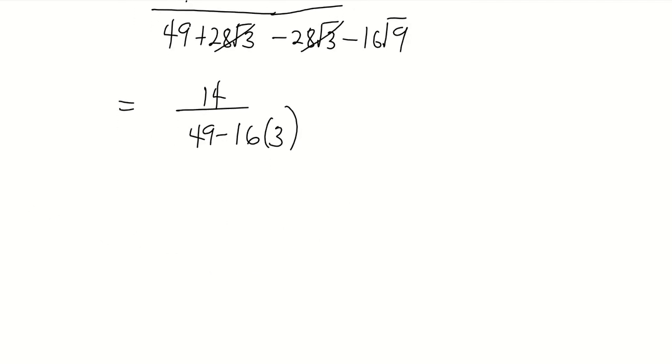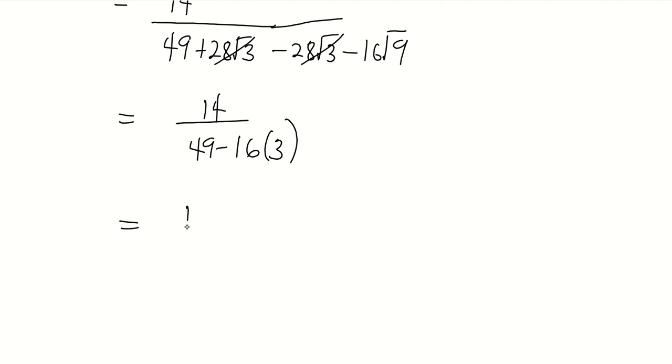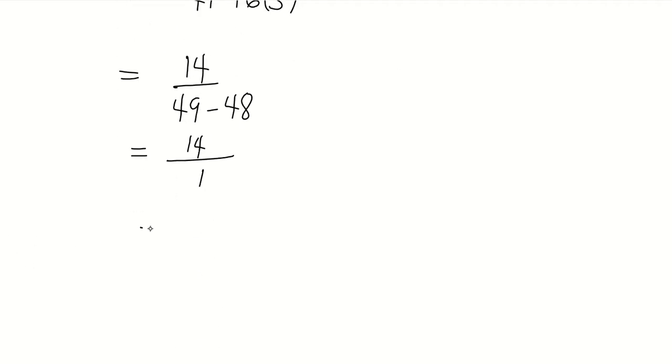So if that continues, then we have here as 14 out of 49. Now 16 times 3, we get 48, and 14 divides 49 minus 48, we have 1. So at the end our answer becomes 14.